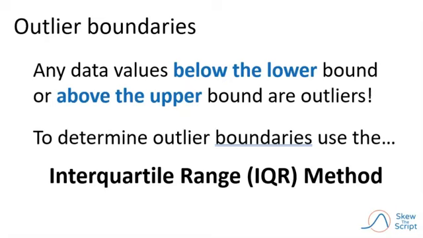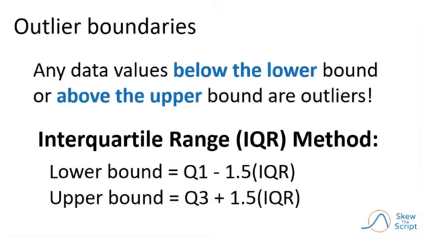We're going to start by finding the IQR, multiply the IQR by 1.5, and then define the bounds. We'll do the first quartile minus 1.5 times the IQR, or the third quartile plus 1.5 times the IQR, and that gives us a set of bounds. Any numbers outside of those bounds are considered to be outliers.